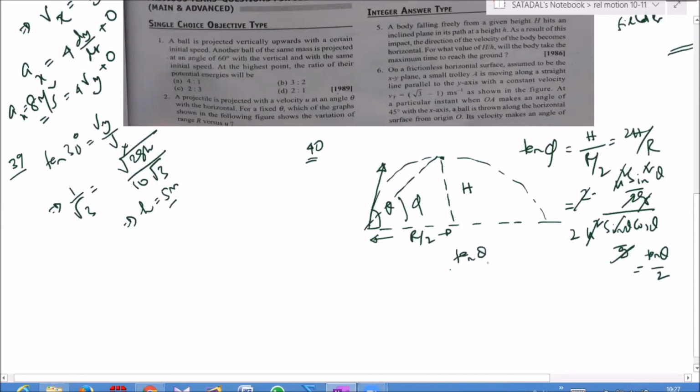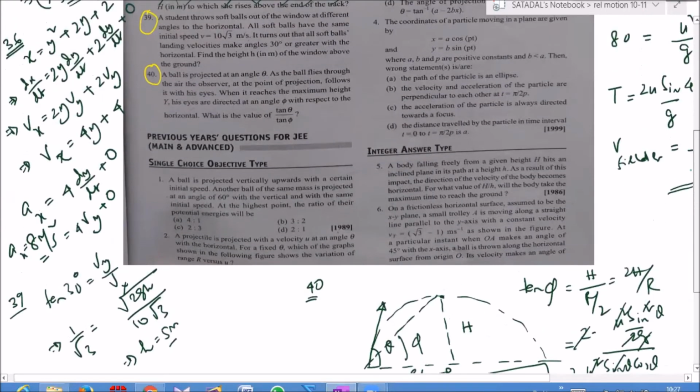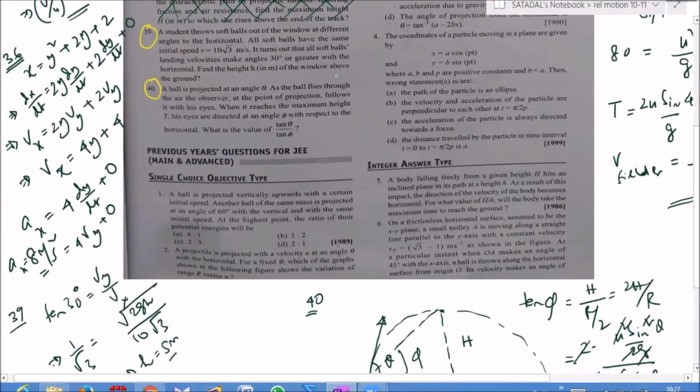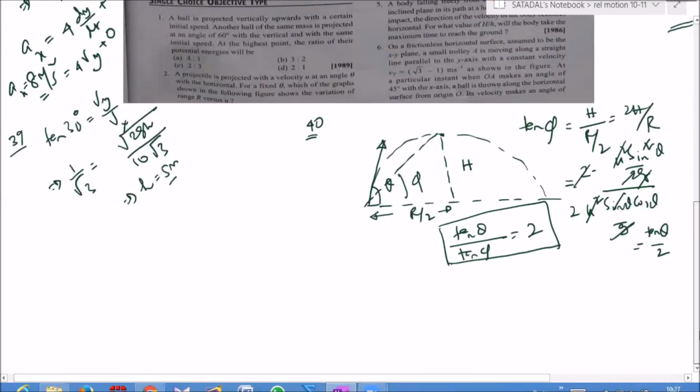So tan theta by tan phi, the answer is 2. Now fine. So 39 answer is 5, and this answer is 2. Here is the solution for 39 and 40. Go for it.